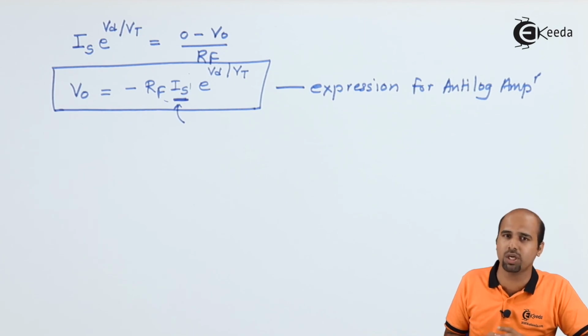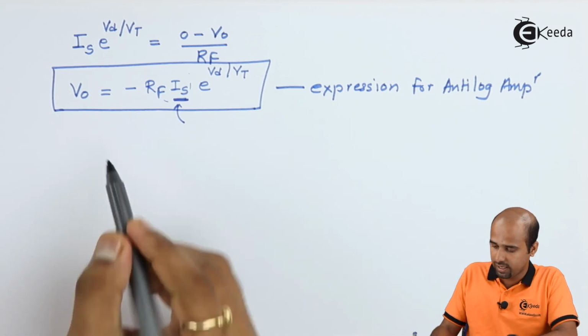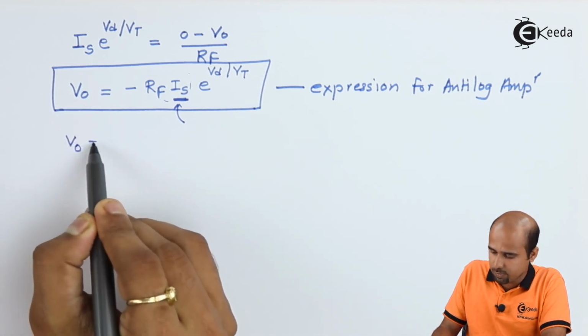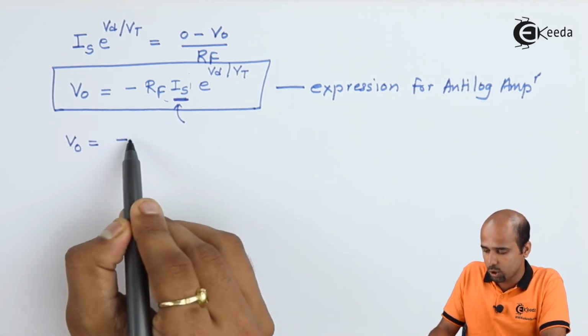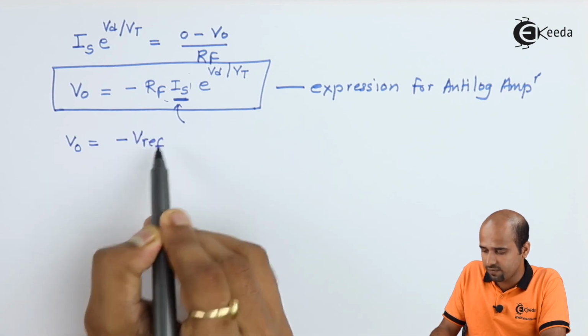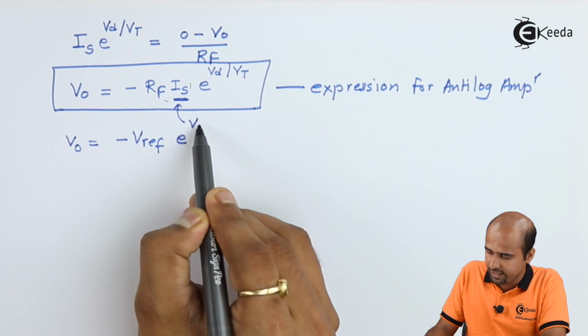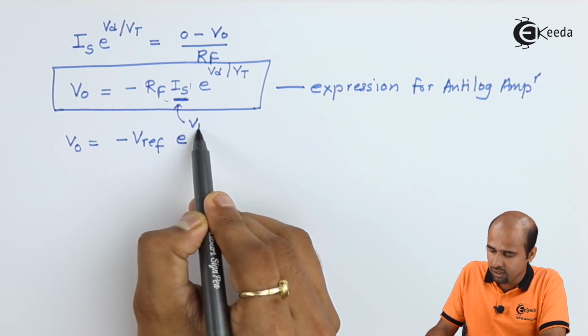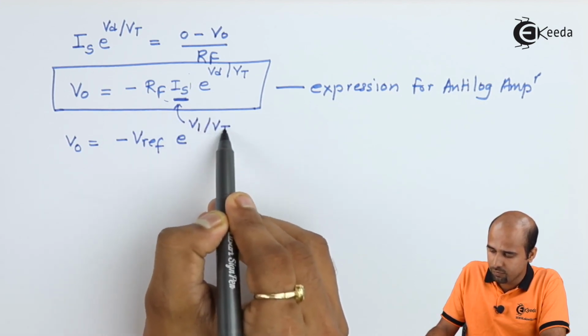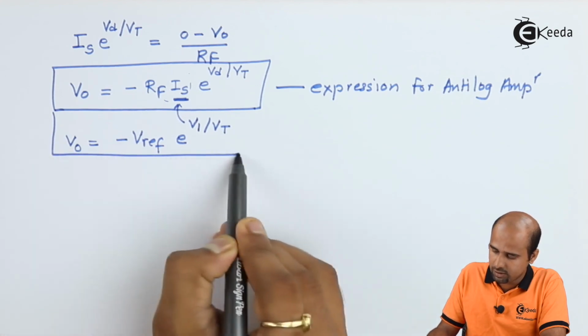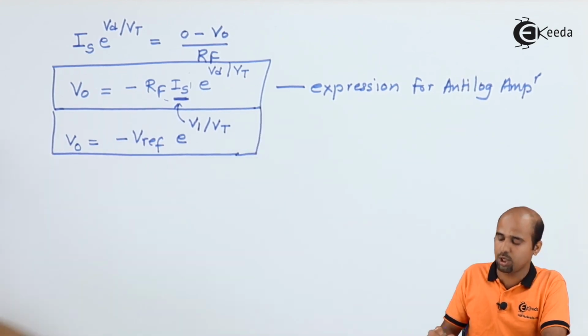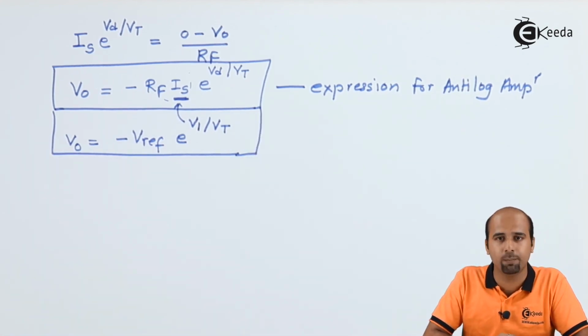So our expression will not be dependent on the temperature. Rather, we will be getting the expression as Vo is equal to minus VREF, which is perfectly a DC value, into e to the power Vd, that is nothing but V1 divided by Vt. That will be your expression for the anti-log amplifier.